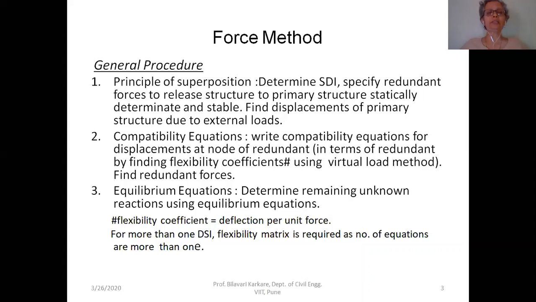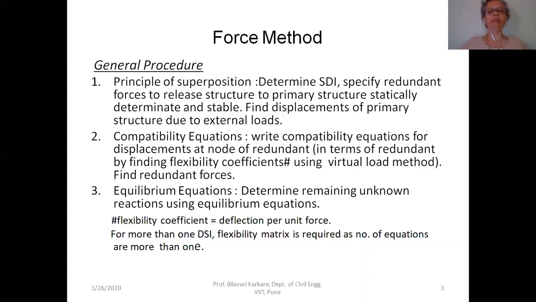Then we find out the displacement of this statically determinate structure, which is known as the primary structure, for externally applied loads. Then we apply the compatibility equations. Actually, there is no displacement at the place of redundant force. So we apply a unit force in the direction of the redundant force and equate the total displacement to 0.